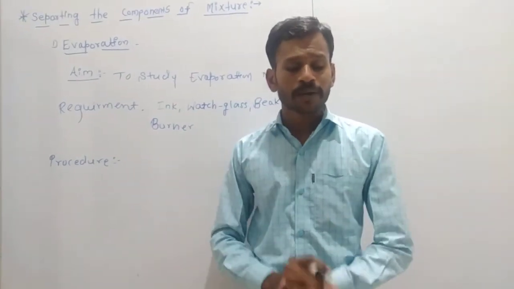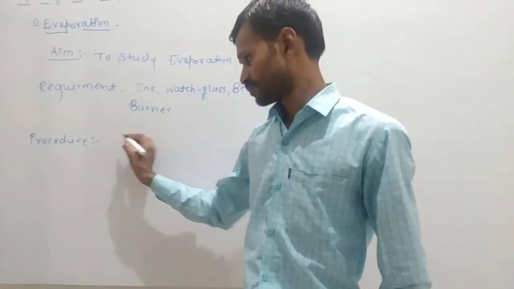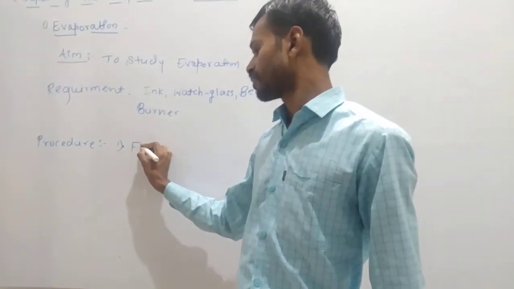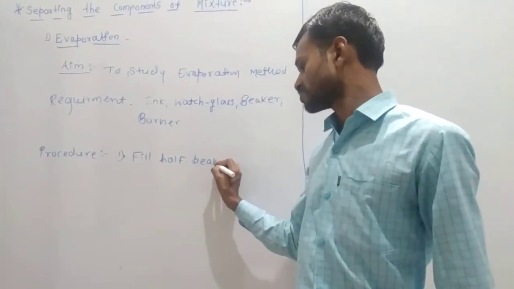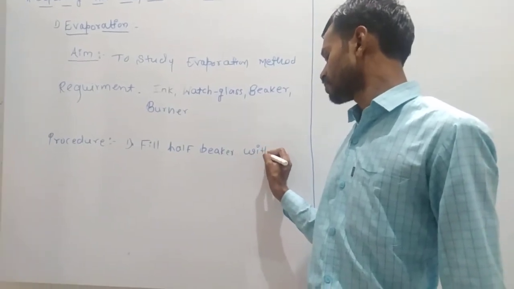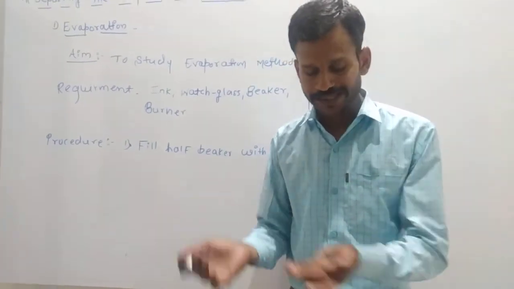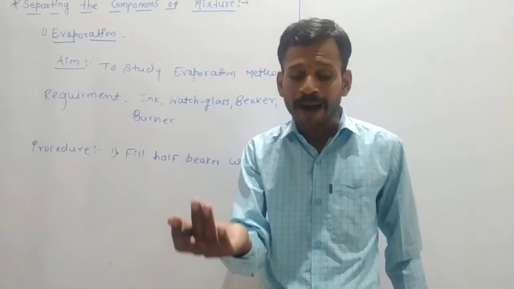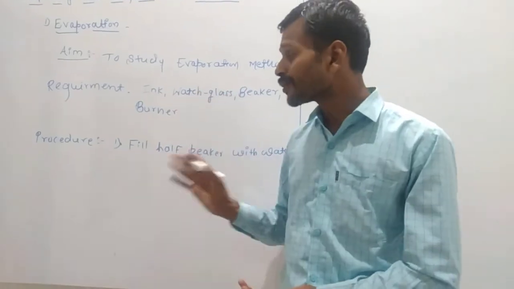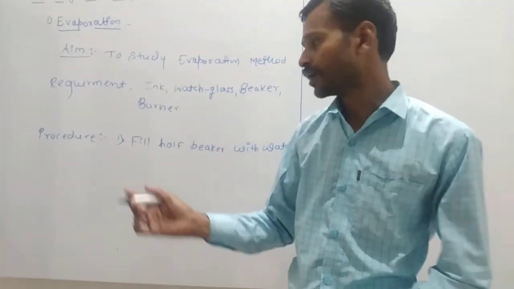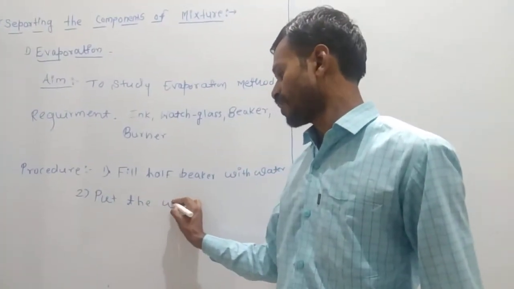In the procedure, we simply fill half a beaker with water. So we take water in the beaker, but how much quantity? Half. After that, put a watch glass on the beaker.